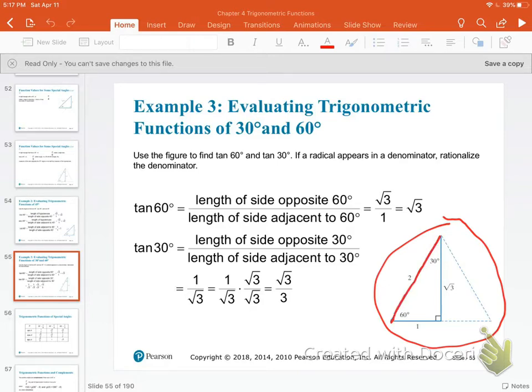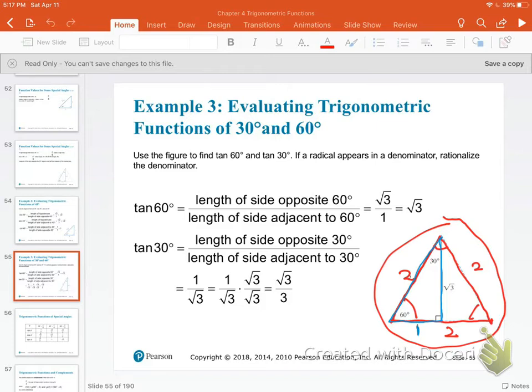So this is 2, this is 2, and that is 2, because all these angles are 60. That's why we have the same length too. So this special right triangle is just half of the whole bigger triangle.